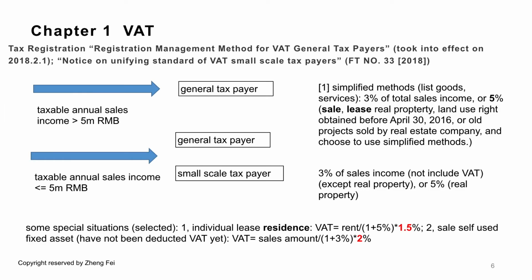According to the registration management method for VAT general taxpayers and a notice on unifying the standard of VAT small-scale taxpayers, there are two kinds of taxpayer in China.